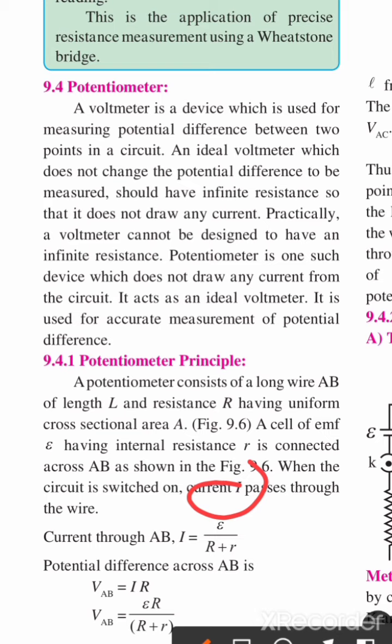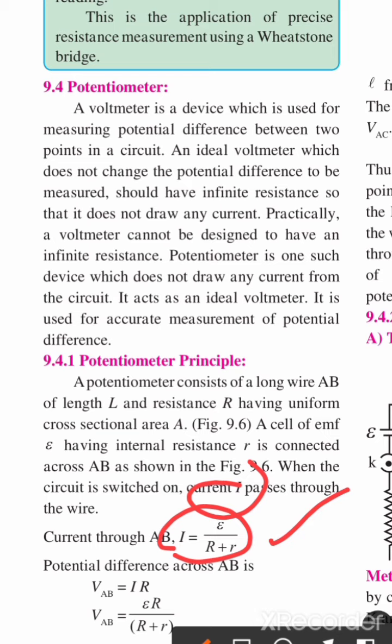Using Ohm's law, the current is given by I is equal to E upon R plus r, where E is the EMF of the cell, R plus r is the total resistance of the circuit, and I is the steady current flowing through that circuit.